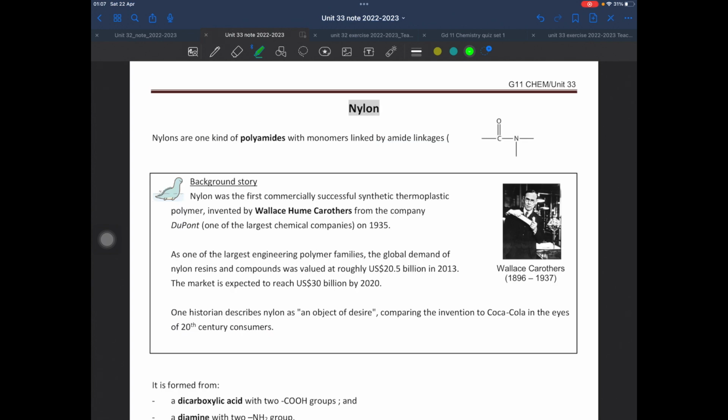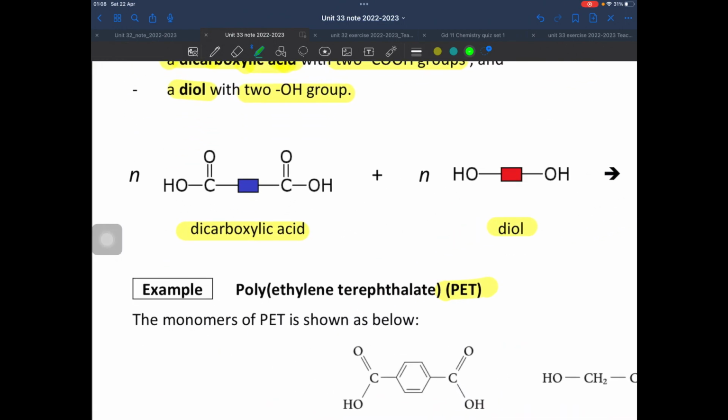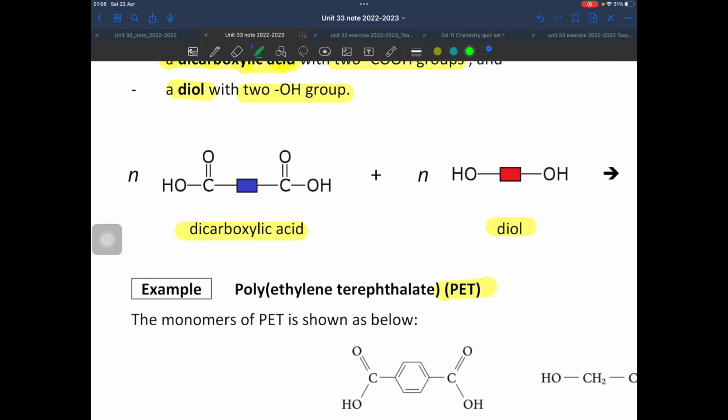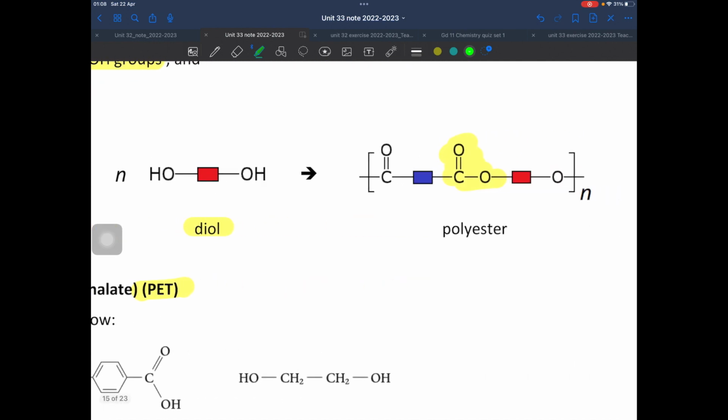So here comes the final part in Unit 33. In the last section, we came across that we can use carboxylic acid and diol to form a polyester.